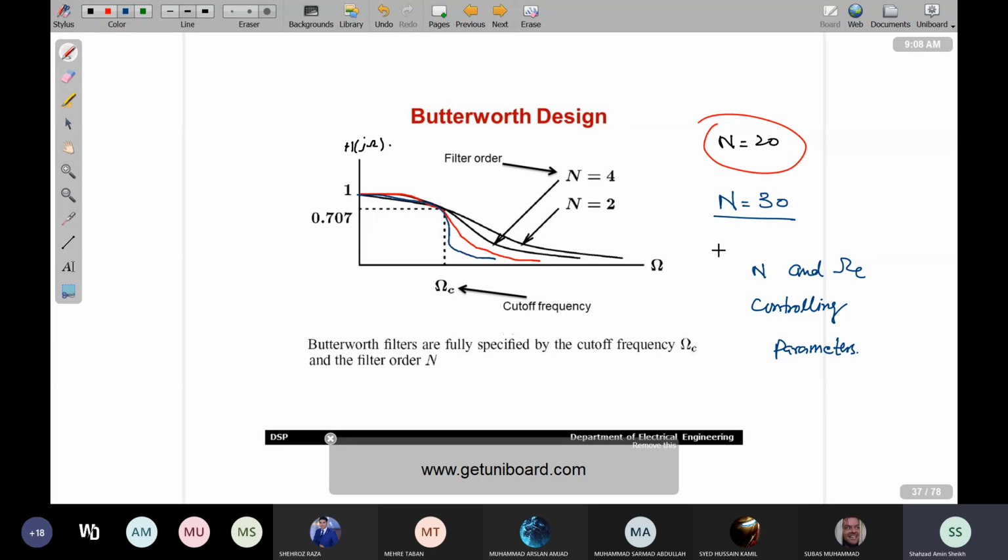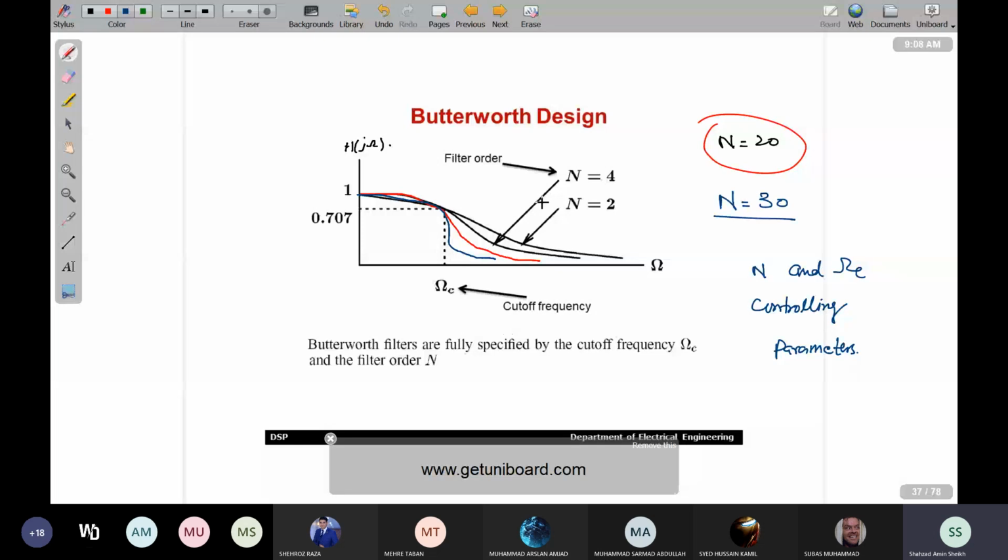So जैसे जैसे आपका n बढ़ता चला जाएगा आपका filter response sharp होता चला जाएगा and the time may come जब आप approach कर रहे होंगे अपने ideal frequency response को. Of course which is not possible but desired is that कि हम ideal की तरफ जाएं.